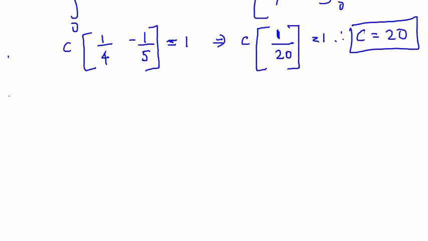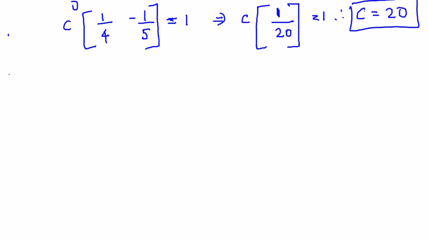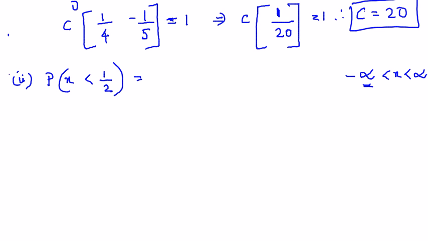Now the second part, they are asking us to find what is the probability when x is less than 1 by 2. So in a probability density function, when you have to find the probability when x is less than half, the distribution would always be between minus infinity to plus infinity, right? So they want to find out the value of x, where x takes a value between minus infinity and infinity.